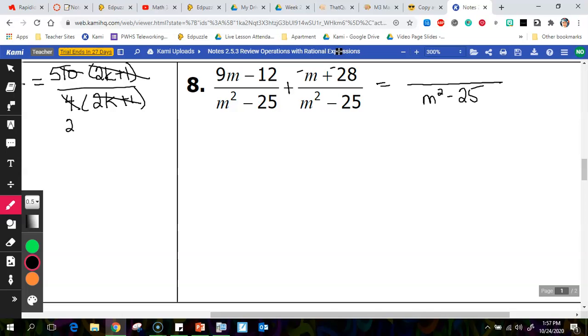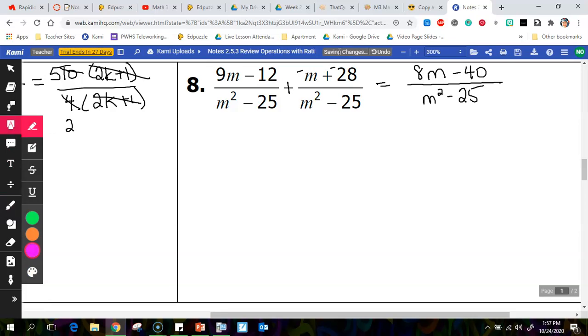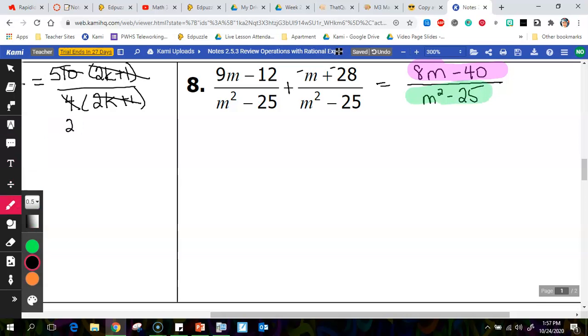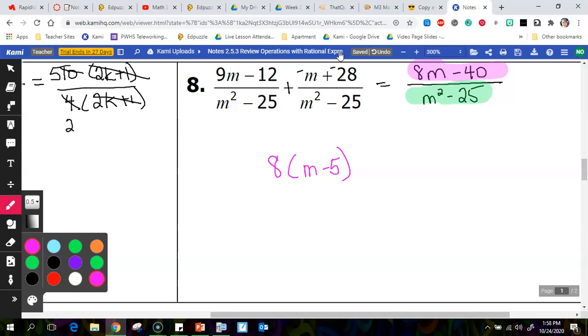And I will factor it later, but I don't need to factor it yet. 9m minus m is 8m. Negative 12 minus 28 is minus 40. So now I can factor. So the purple, I'm going to take out a greatest common factor. I'm going to take out 8. The denominator is a difference of squares.